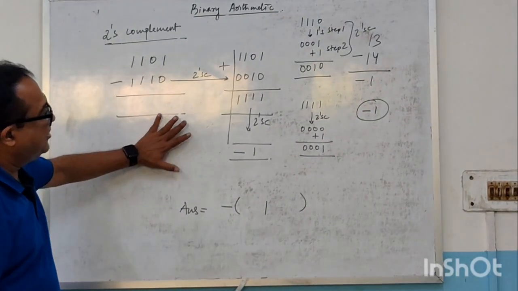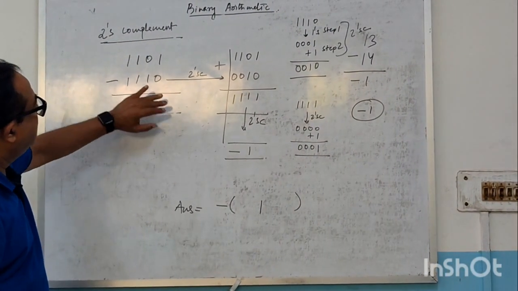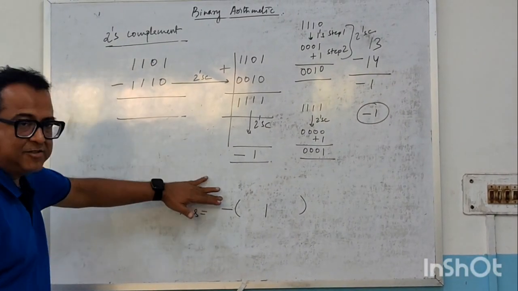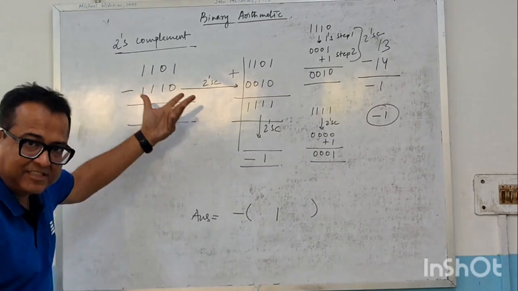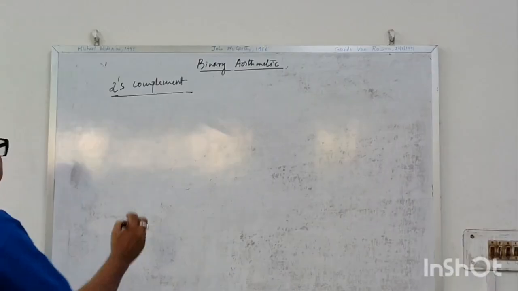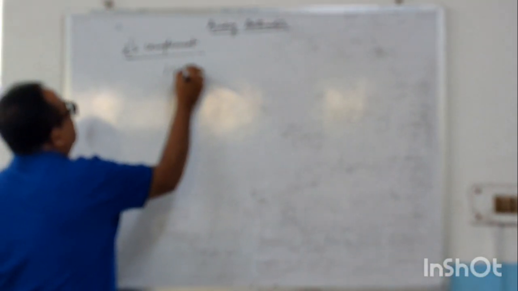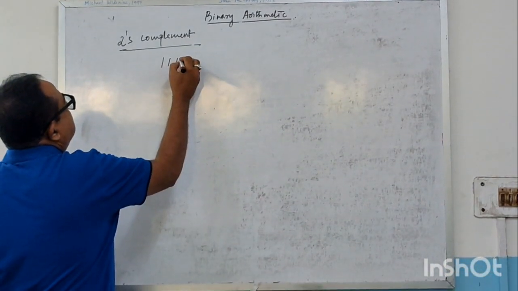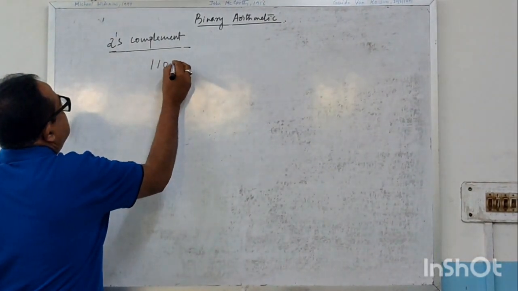ठीक है. So now the next thing which we will do is, जैसे अभी माइनस का आंसर है, that means this is a smaller number, this is a bigger number. We just reverse the situation and see what is the technique. Okay, let's take a different number. 1 1 1 0 0.